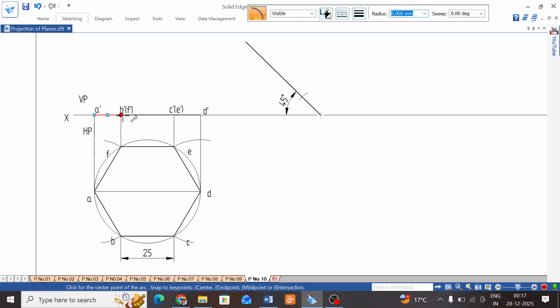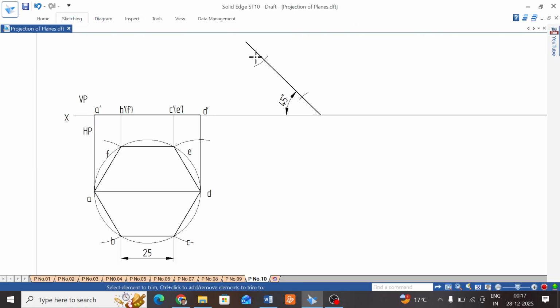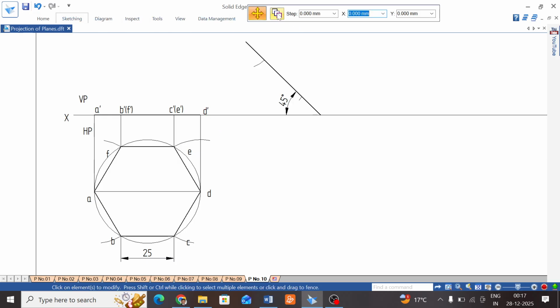And again b dash to e dash is from a, it is 12.5. 12.5 from d means it's 37.5. Now name those points with d dash as the reference base: this point is d dash, next these two points are c dash and e dash, these two points are b dash and f dash, and the last one is a dash.